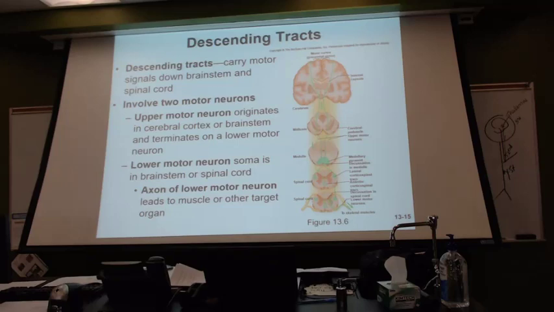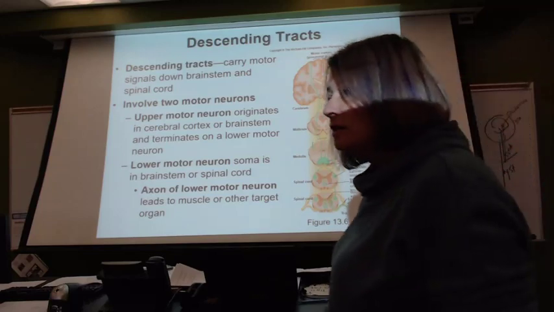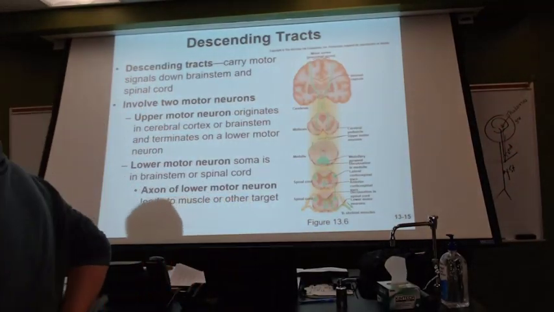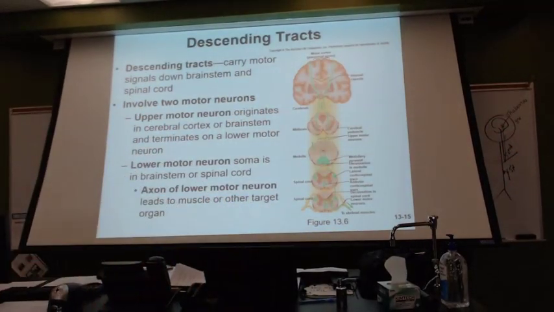So if we're thinking about the pressure of the chair on our lower body, it's going to send it to the level of the spinal cord that will help us get that spinal nerve to go to the muscle that makes us shift in the chair.